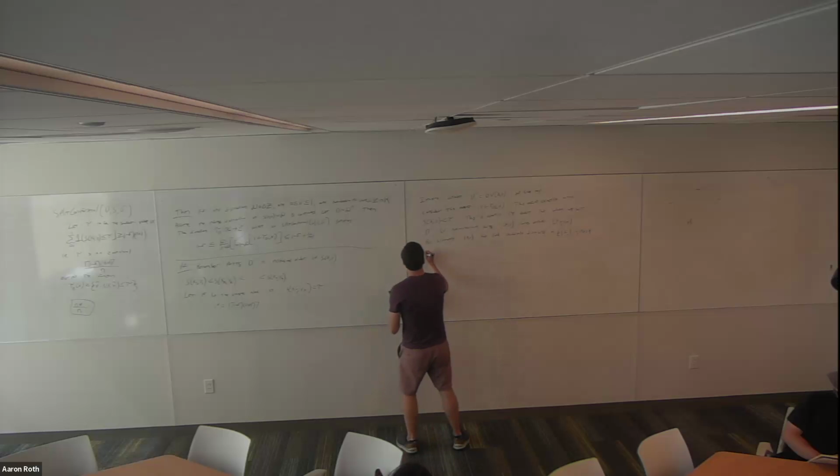So what's the probability, over the randomness of both the calibration set and the test point, that our set covers?